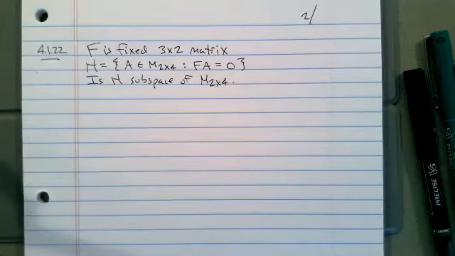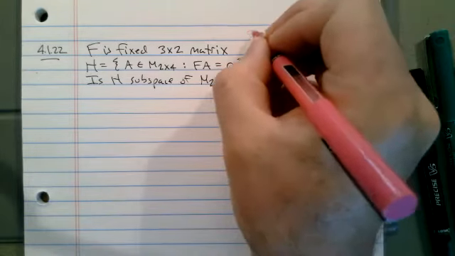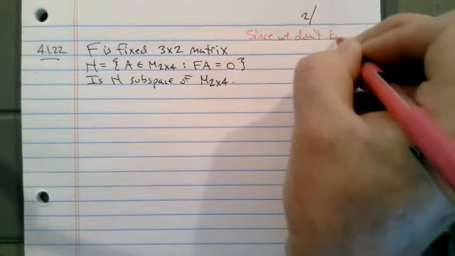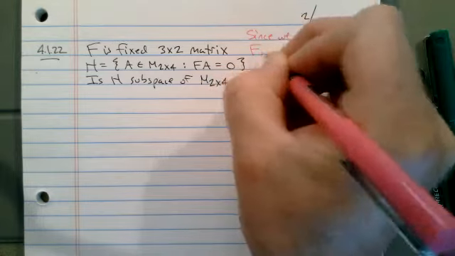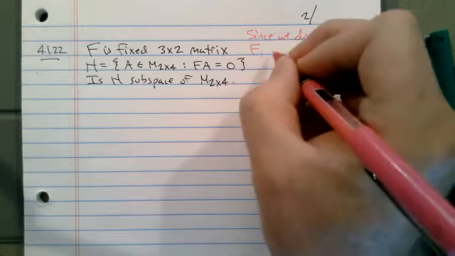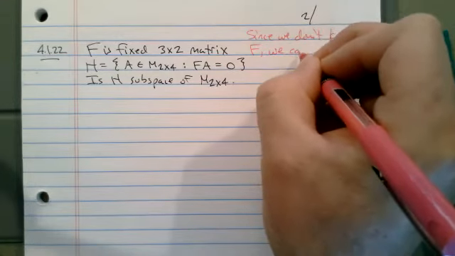In this case, we do not have the ability to write down a basis for this space because we don't know the specifics of the matrix F. Since we don't know exactly what F is, we can't write down a basis or a spanning set.